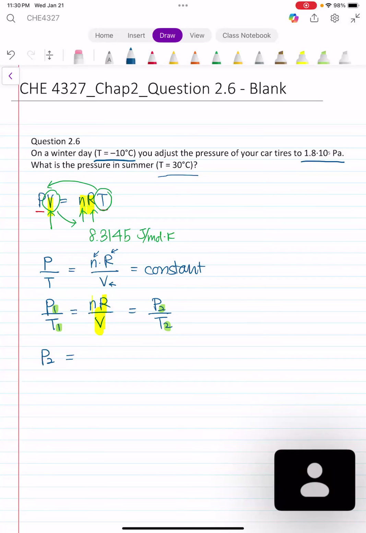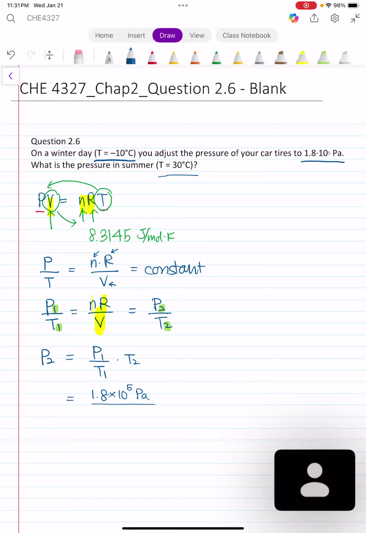Okay, so P2, when we reorganize this equation, is equal to P1 over T1 times T2, correct? And now we just need to plug in our numbers. P1 was equal to 1.8 times 10 to the 5 Pascal.